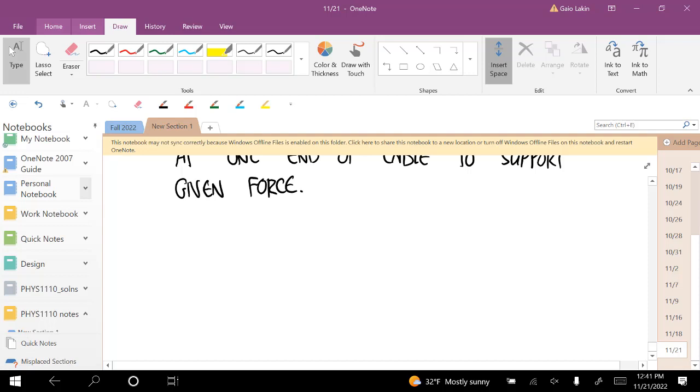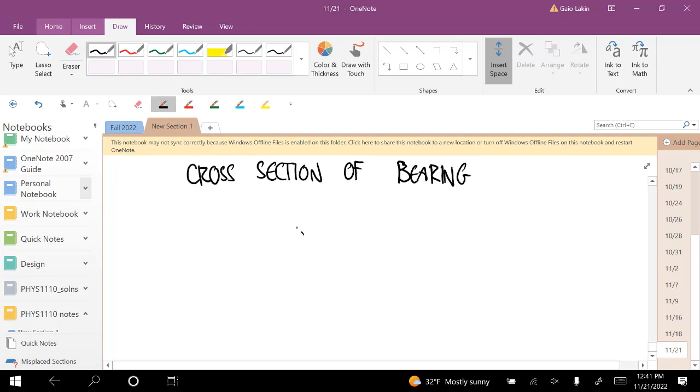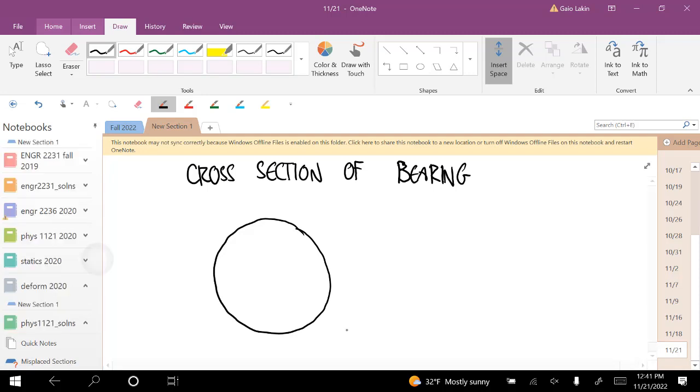So here's how you do this calculation. This is a cross section of the bearing. And you have a cable that's in contact with some part of this bearing.